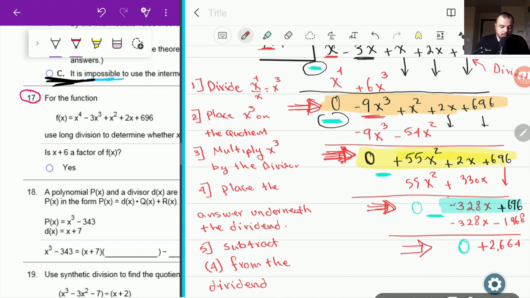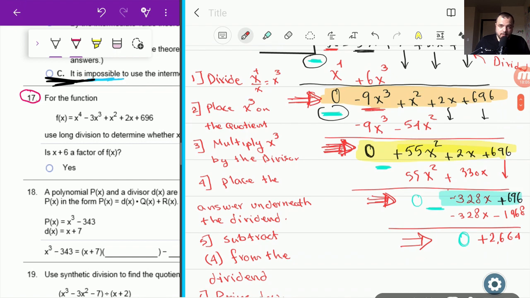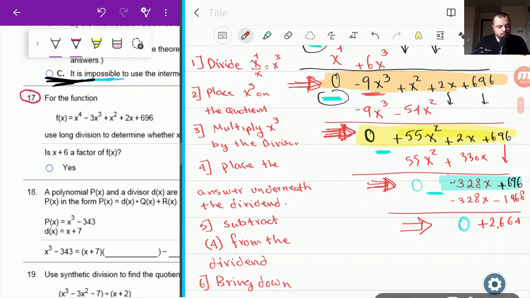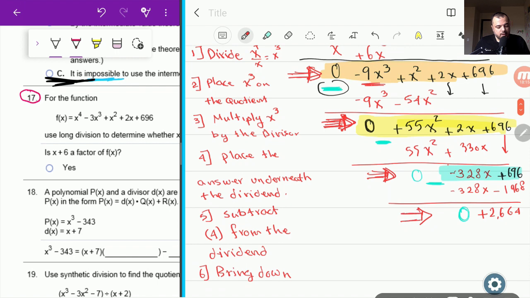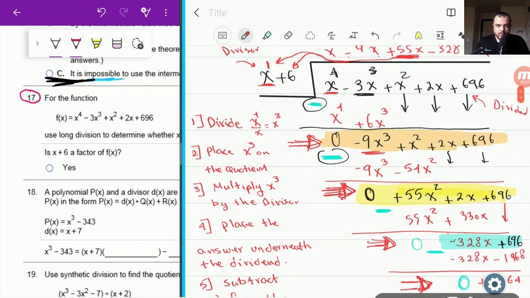What is the degree of the new dividend here? It is 1. What is the degree of the divisor? It's 1. Is it higher or equal to the divisor? Yes, they are equal, so you continue. Then you come to the last new dividend. What is its degree? It's 0. Is it higher than or equal to the degree of the divisor?